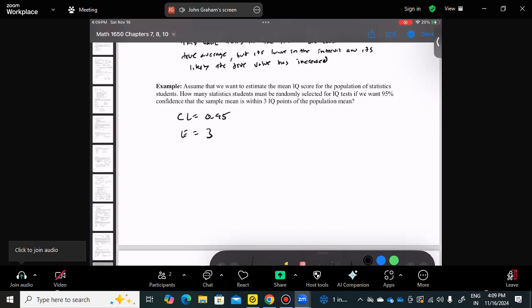From previous problems we've done, the population standard deviation is 15. Population standard deviation equals 15. Alright, so let's put this in.